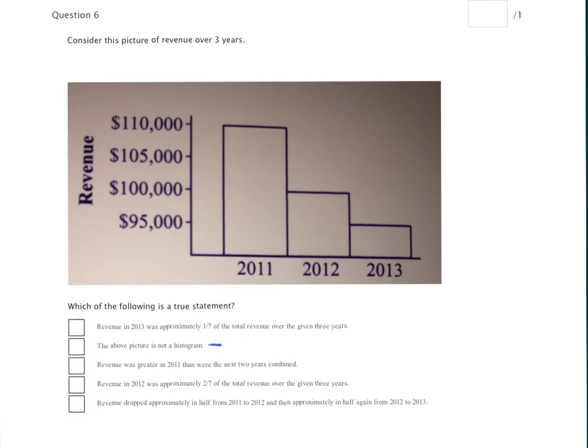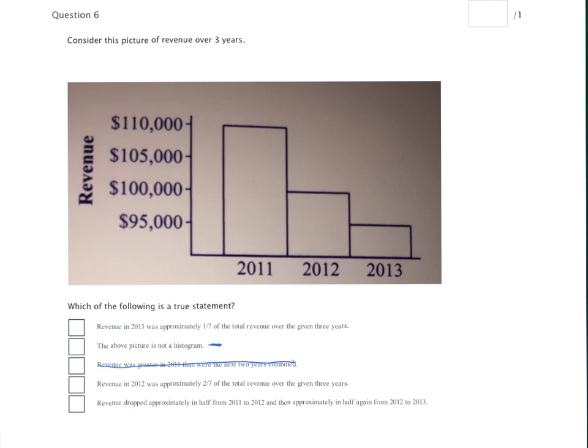Revenue was greater in 2011 than were the next 2 years combined. Oh, well, that's not true because 100,000 plus 95,000 would be 195,000, and that doesn't even go up to that.